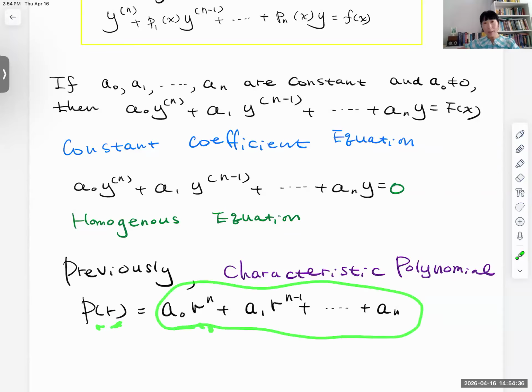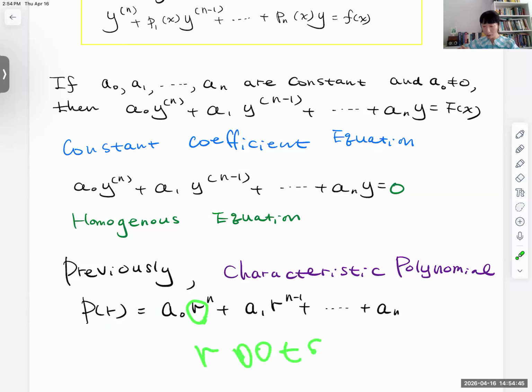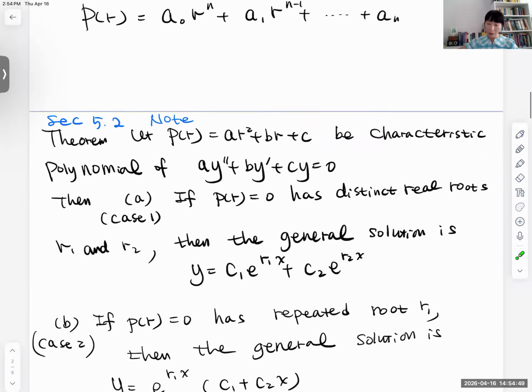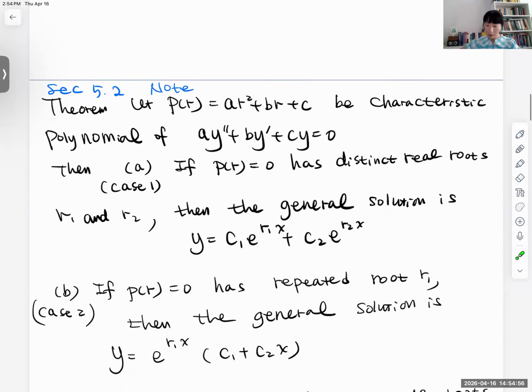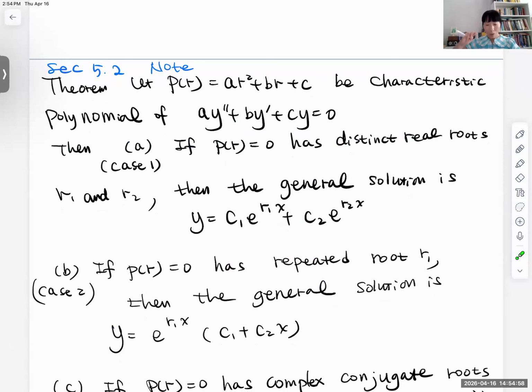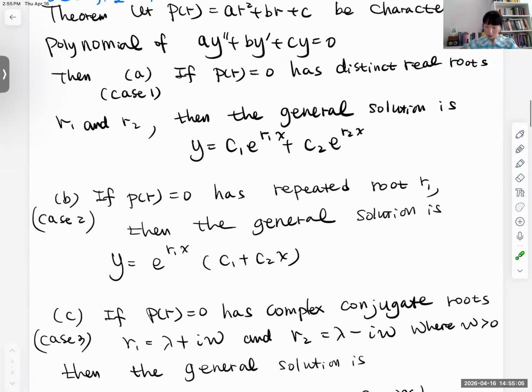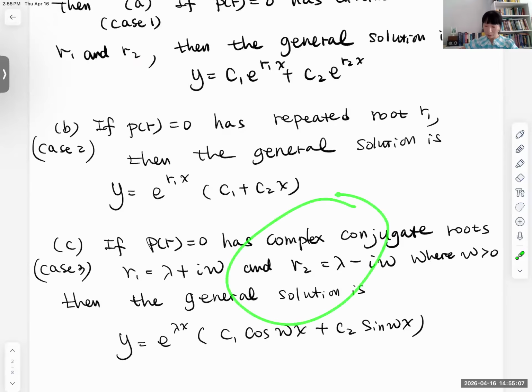Then we need to find the roots. I think that's why they use r, from the root. Root means a solution, right? So this is from section 5.2. We did that, and we are using maybe two previous sections, this one too.